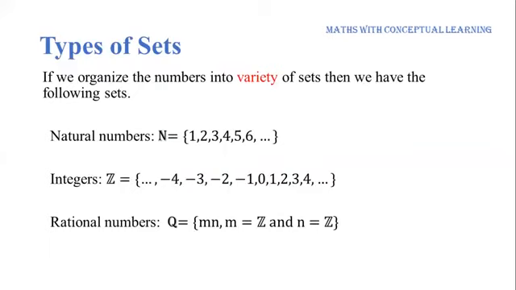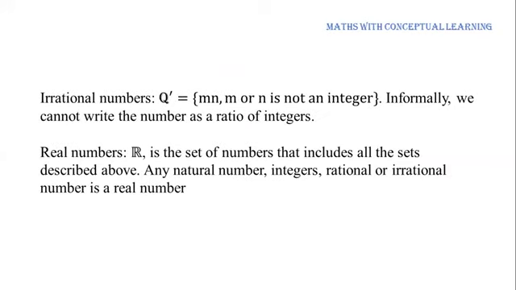So in mathematics, we can see different sets of numbers, such as natural numbers, integers, rational numbers, irrational numbers, and the set of real numbers is the set that includes all the sets described above.